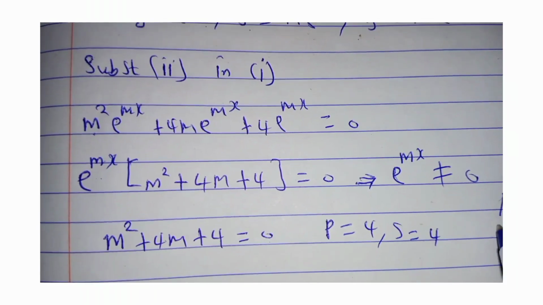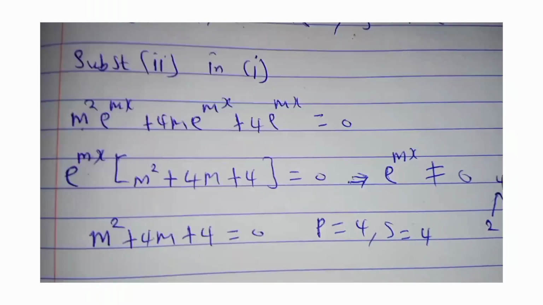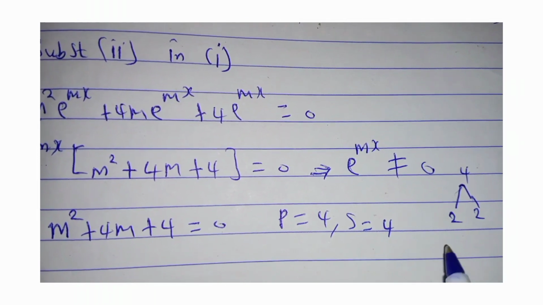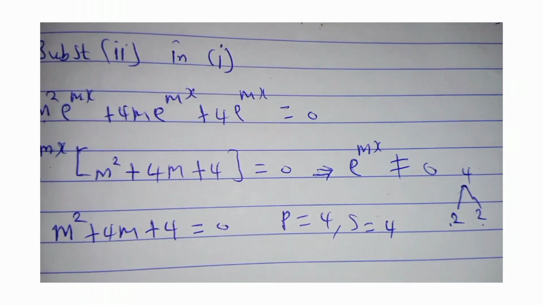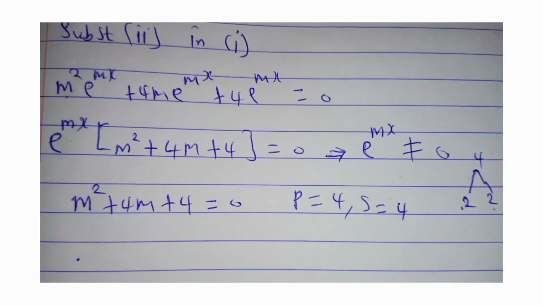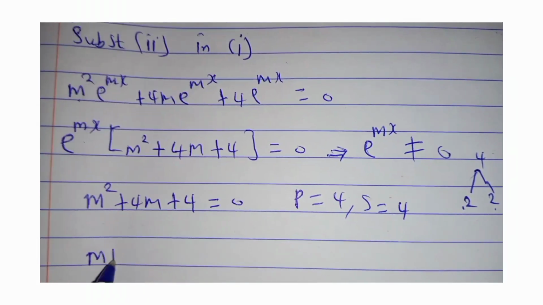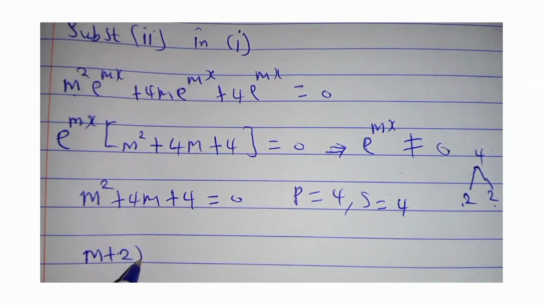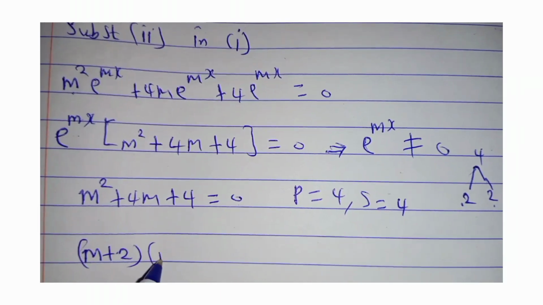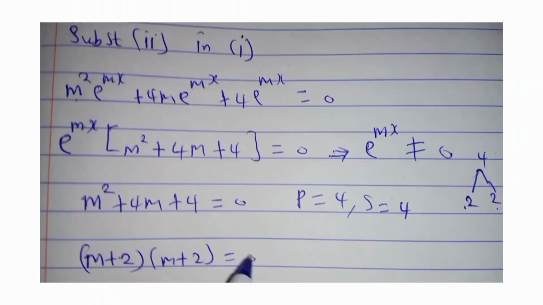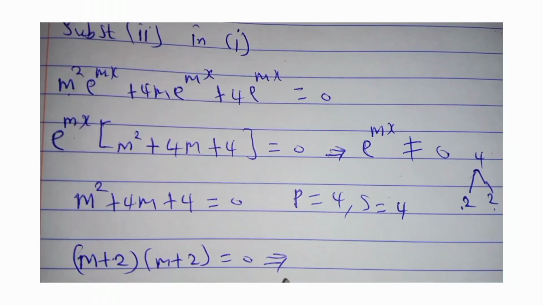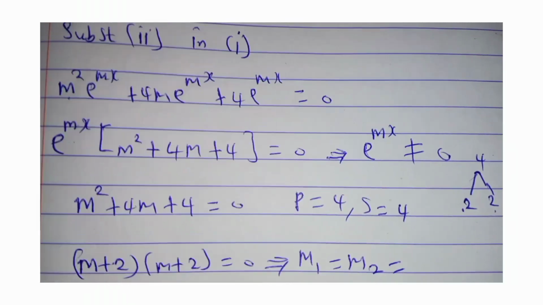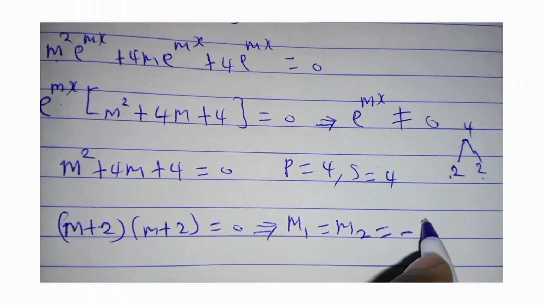Two numbers which when you multiply, you get 4, it is 2 and 2, and which when you add, you get 4, it is 2 and 2. So this quadratic equation can be factorized as m plus 2 into bracket m plus 2, which is equal to 0, which implies that m1 is equal to m2, which is equal to -2.